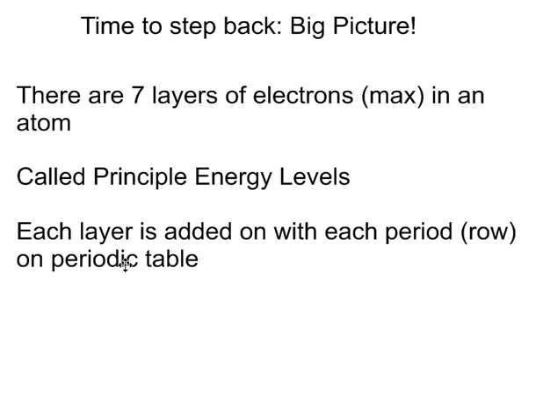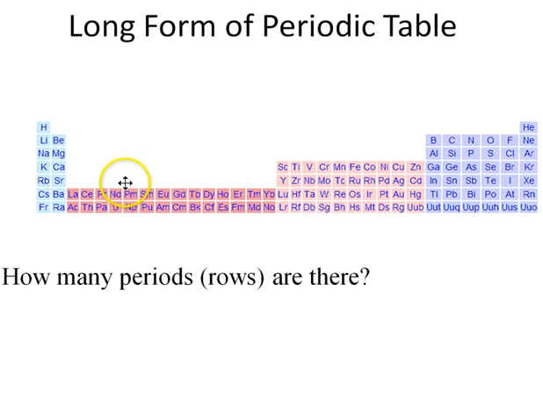A row on a periodic table is called a period. Therefore, that's why it's called the periodic table. And if you were to consider the long form of the periodic table, these are the 2 rows that are normally found underneath the periodic table, but they actually belong down here. If you take a look at this, you'll see here's row number 1.